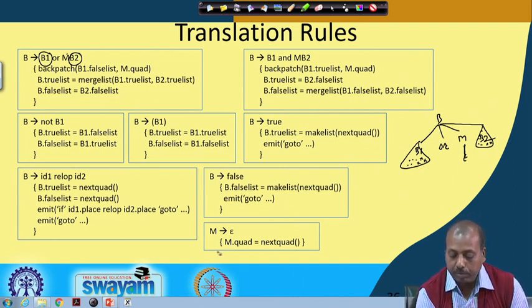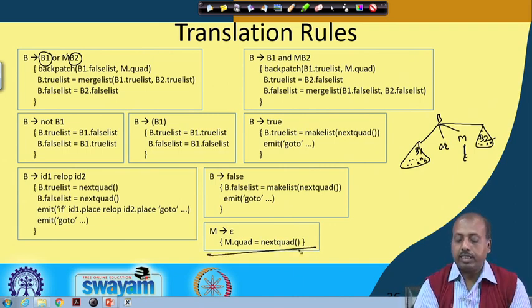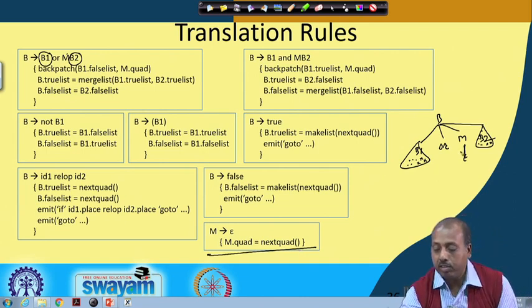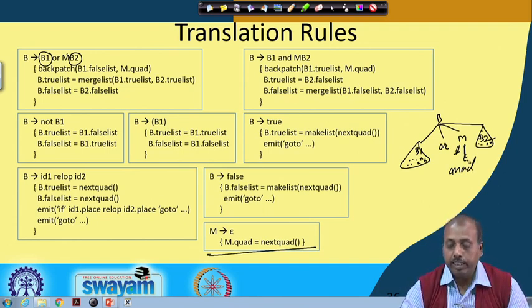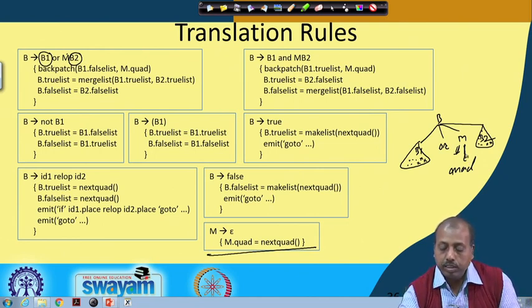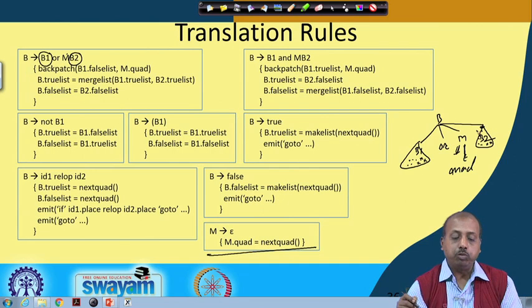For this M producing epsilon, the corresponding action that we take is M dot quad equal to next quad. So, this M has got a special attribute quad, which holds the index of the next quadruple to be generated in the code generation process. In this particular case, it will hold the start address of computation of B 2.